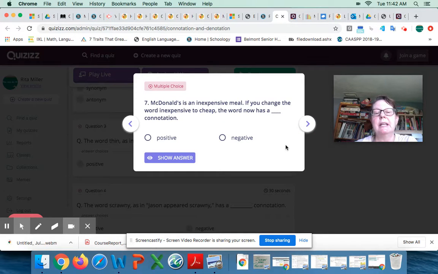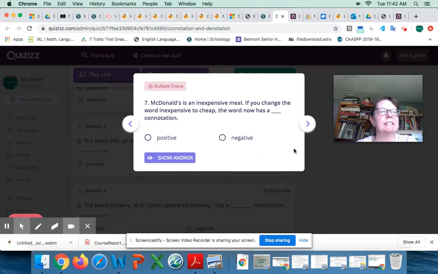McDonald's is an inexpensive meal. If you change the word inexpensive to cheap, the word now has a negative connotation, right? It's negative. It doesn't sound very good if something's cheap.